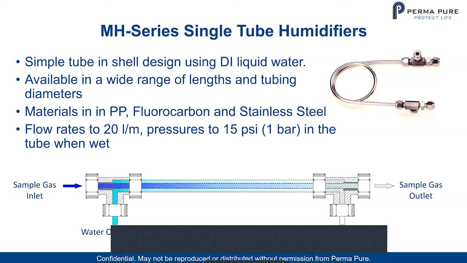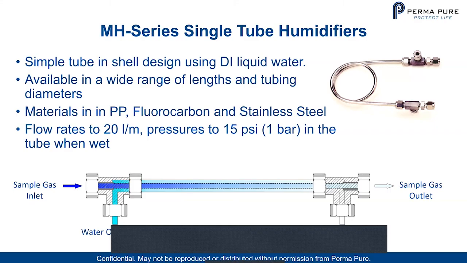So when we build these humidifiers, we have to build them with the tubing already saturated with water, because if we used the standard MD and you put water in it, the tubing will try to expand and it will kink because there's really nowhere for it to expand in the shell. So it's very important to understand that is why we have a separate product line for the MH.